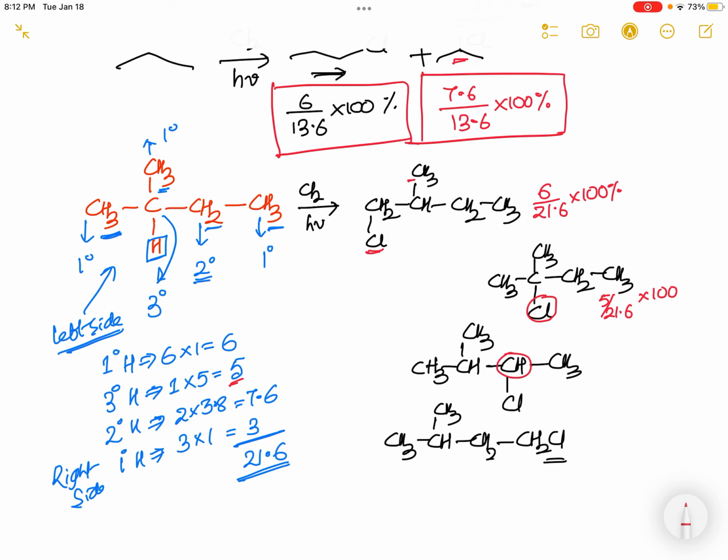For this place, which is secondary, the chances are 7.6 by 21.6 into 100. And again this place, which is primary, but right side primary only 1 carbon, 3 hydrogens are there, so 3 by 21.6 into 100.